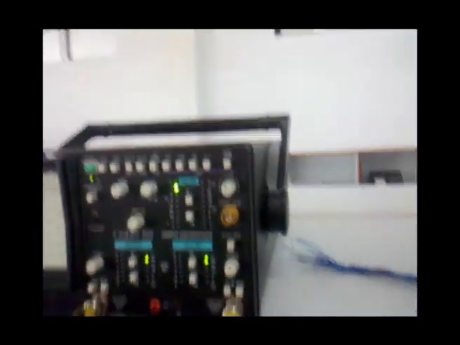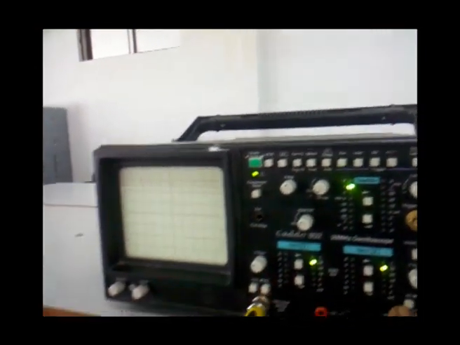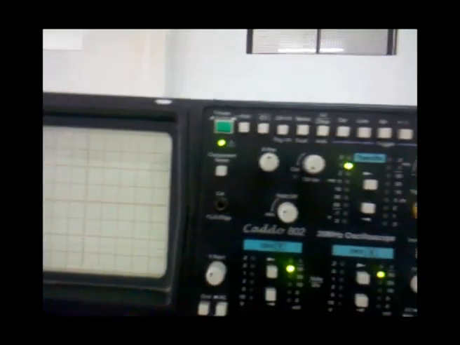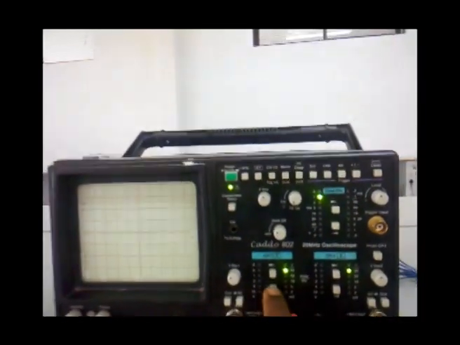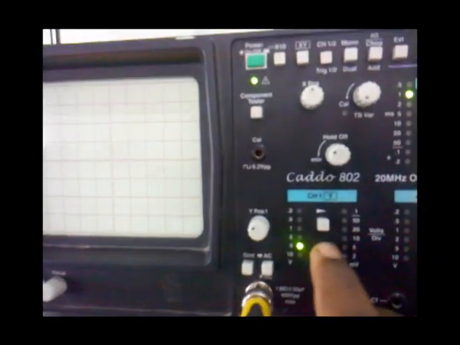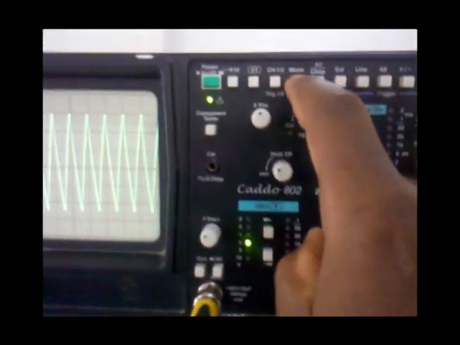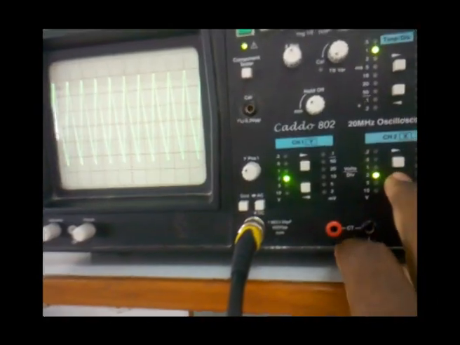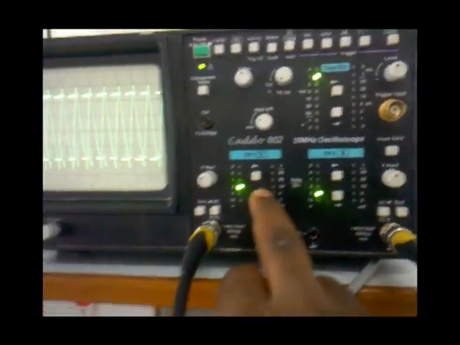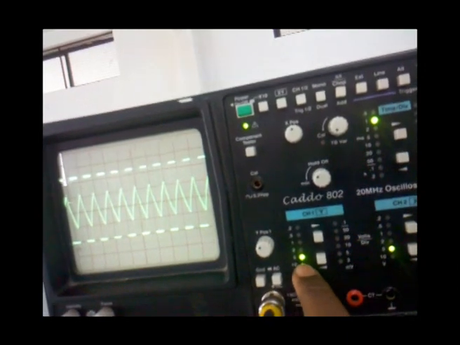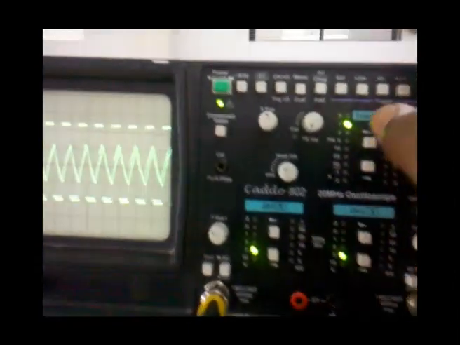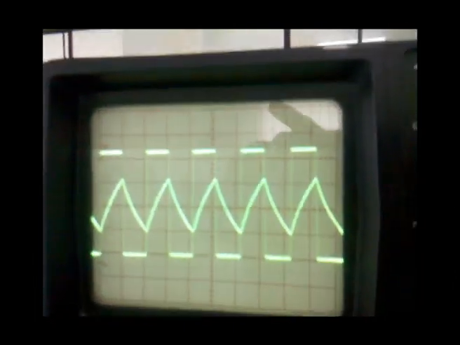Now switch on the CRO. Both should be in AC mode in a relaxation oscillator. Channel 1 is the capacitor waveform and channel 2 is the output waveform. Keep the range the same, 5 volts, for channel 1 and channel 2. So this is the output waveform.